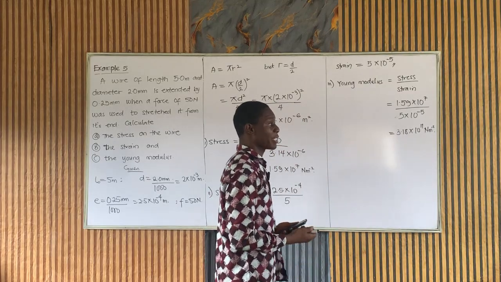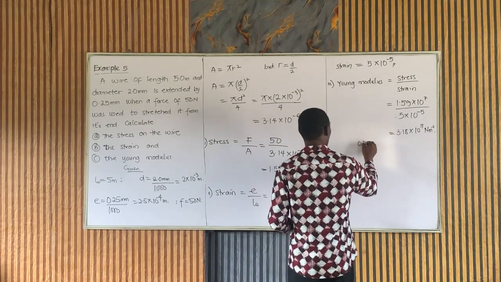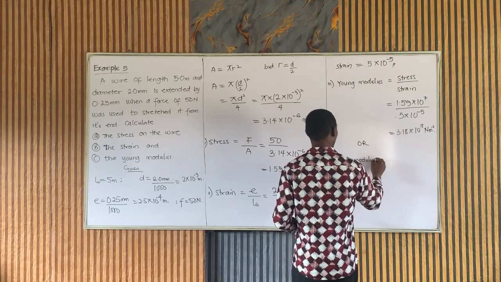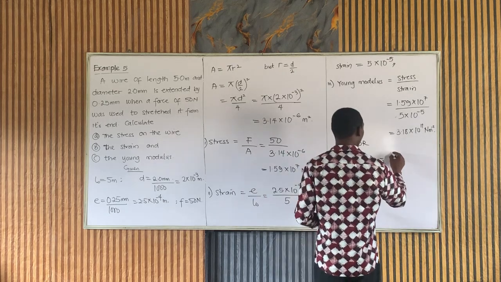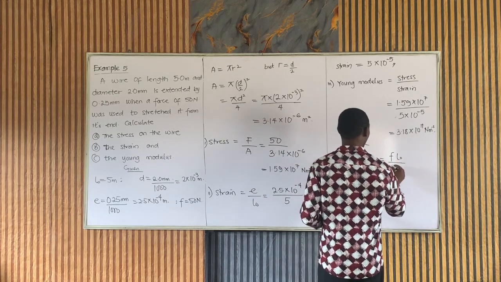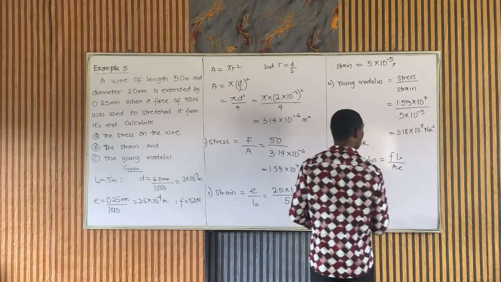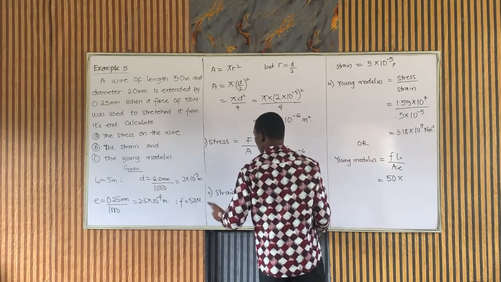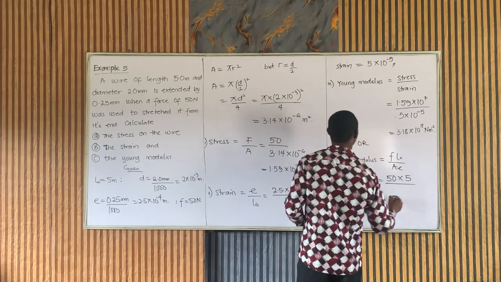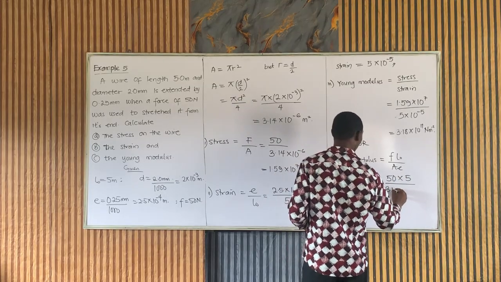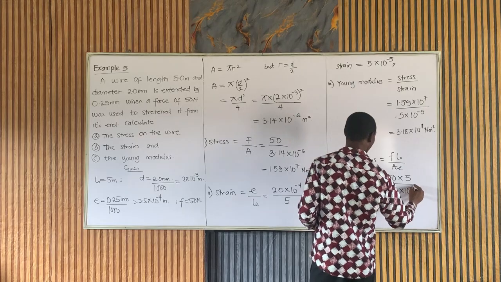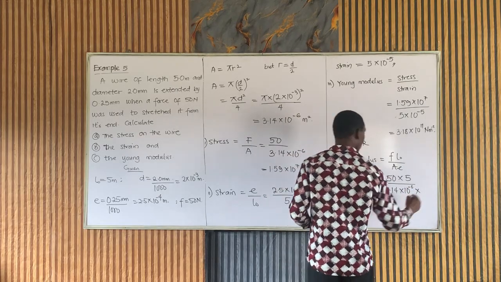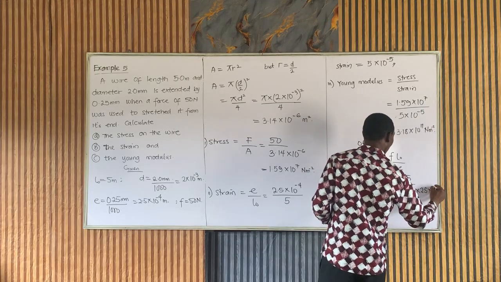We can solve with this formula also, or we say Young modulus is equal to F L naught over A E. So I believe if we do this, we get the same answer. 50 is the force, and L naught, the initial length, is 5, over the area, which is 3.14 times 10 raised to the power minus 6, then times the extension, which is 2.5 times 10 raised to the power minus 4.